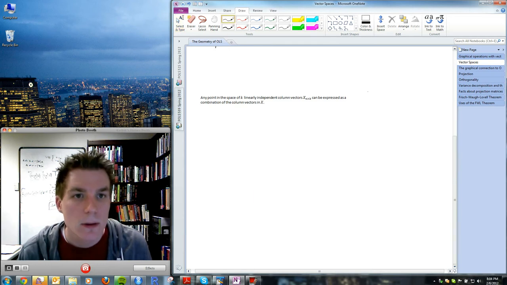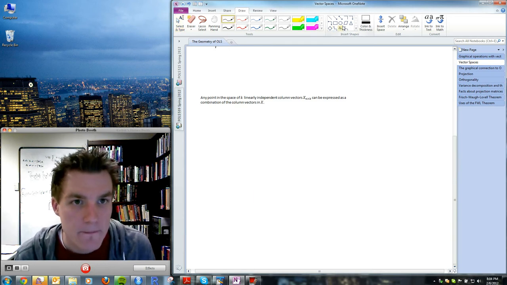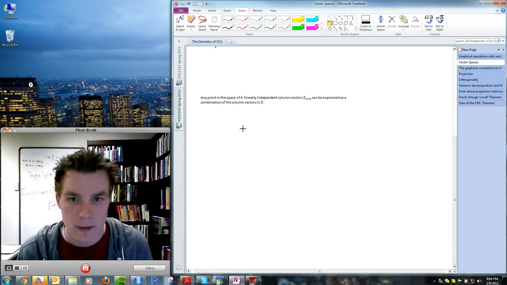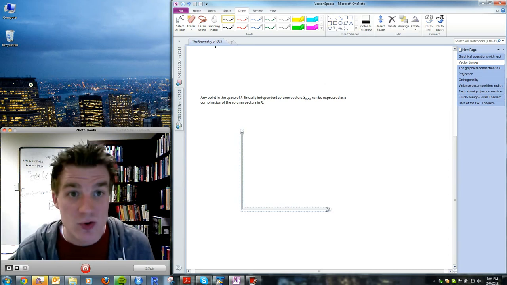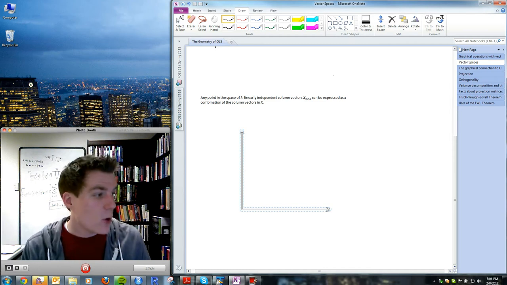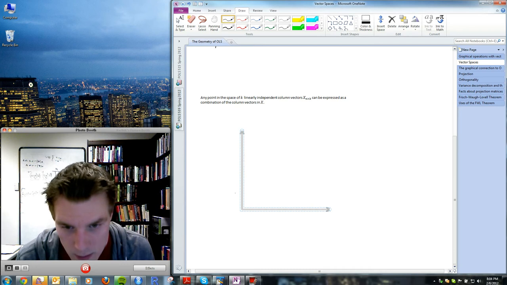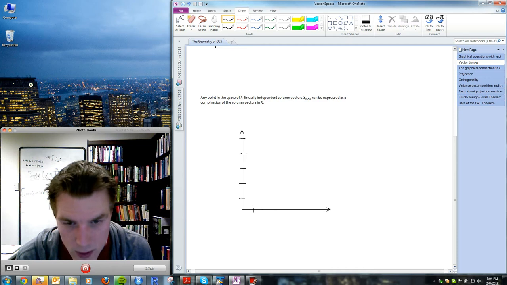So let's take as an example this vector space that we started off with, 1, 0, and 0, 1. I'm going to create a new space here. There we go. Here's a nice space. And I'm going to draw the x and y vectors in this space. So if I come down here and say, okay, 1, 2, 3, 4, 5, 1, 2, 3, 4, 5.